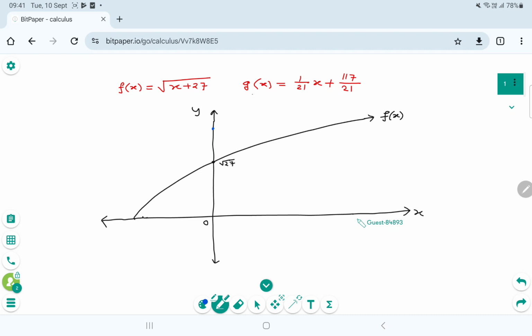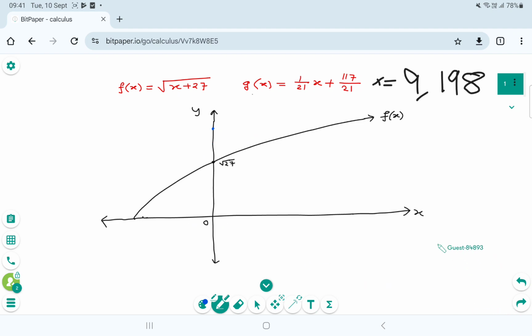I got the two x values where these two functions intersect: 9 and 8. I set them equal to each other, then solved for x, that's all.